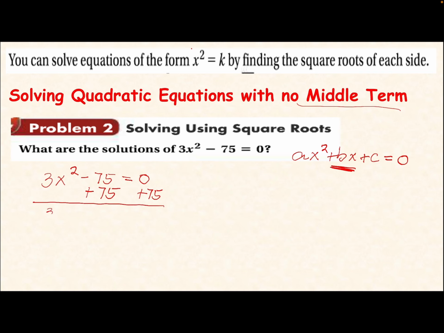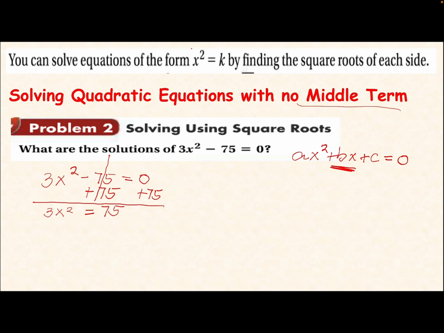So bring down 3x squared. Negative 75 plus 75 is 0, equal to 0 plus 75, that is 75. We are solving for the value of x.